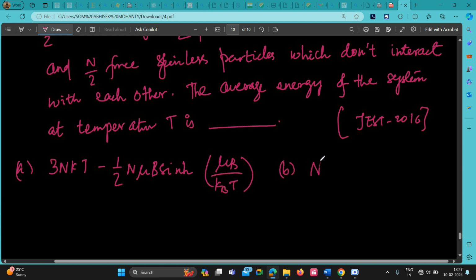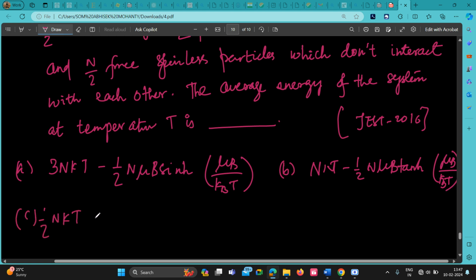Option B: NkT minus half N mu B tanh(mu B by kBT). Option C: half NkT minus half N mu B tanh(mu B by kBT).